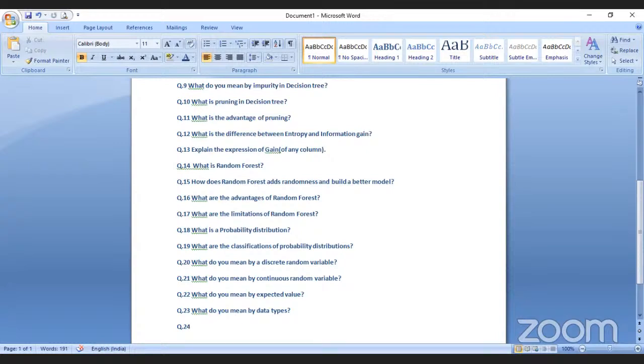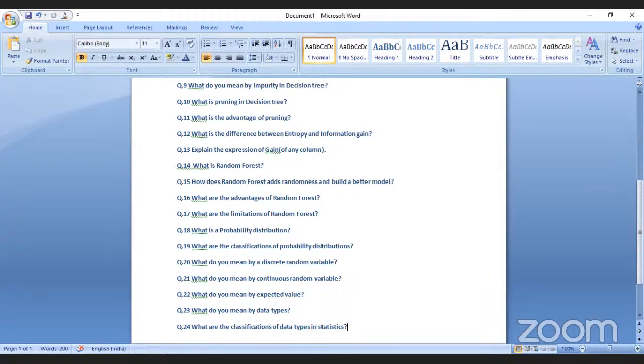What are the classifications of data types in statistics? We have qualitative and quantitative. These are the two broader classifications.